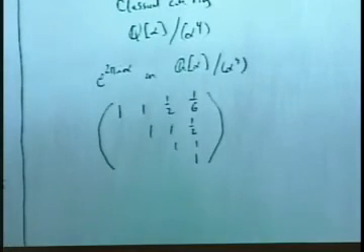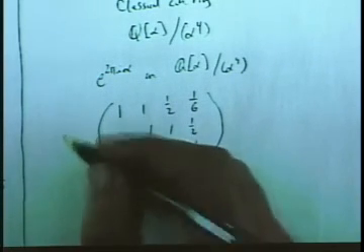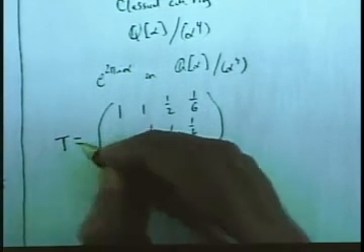This is the basic kind of monodromy that we're expecting to have. And let me call that transformation T.